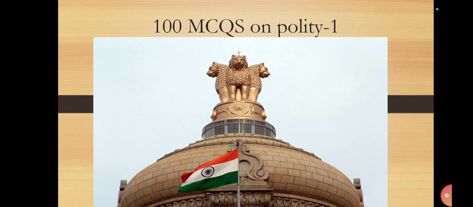The UPSC consists of a chairman and other members appointed by the President of India. All the statements are correct. Usually the commission consists of 9 to 11 members including the chairman. The chairman and the members of the commission hold office for a term of 6 years or until they attain the age of 65 years, whichever is earlier. All the statements are correct.